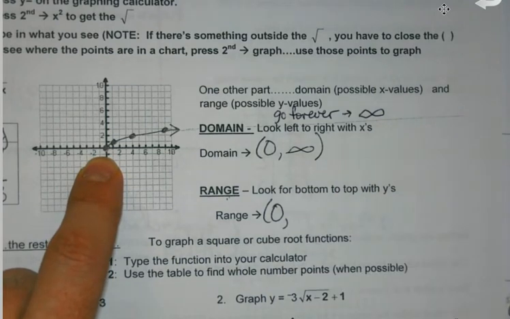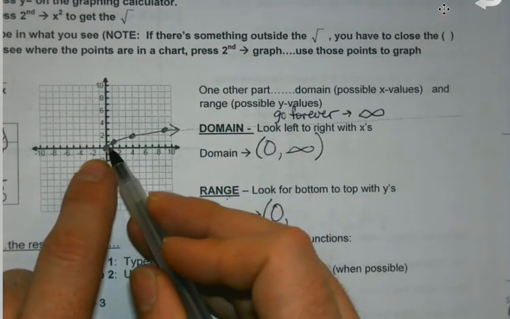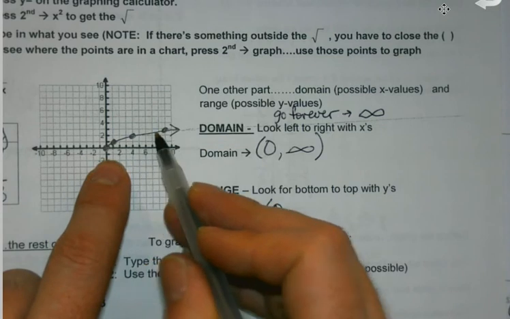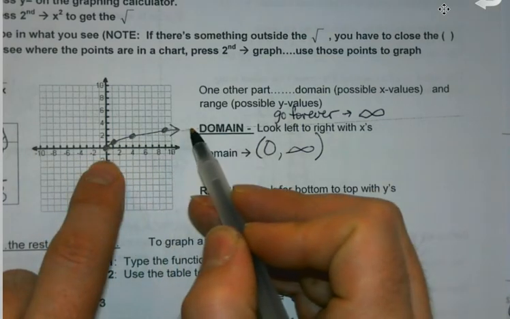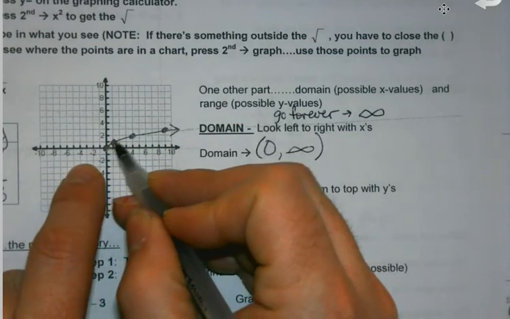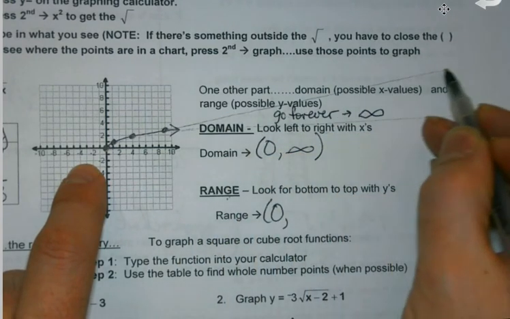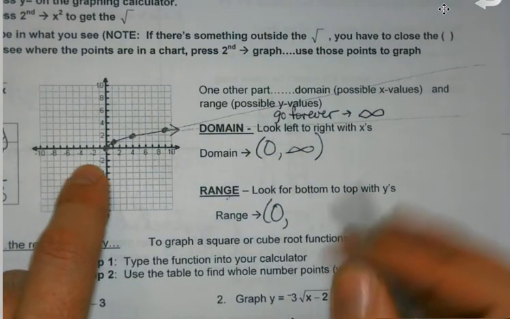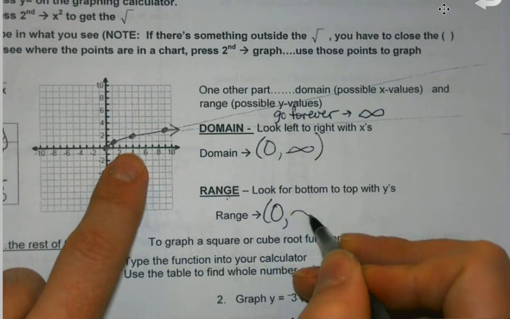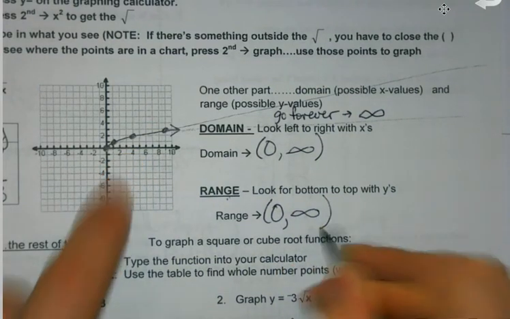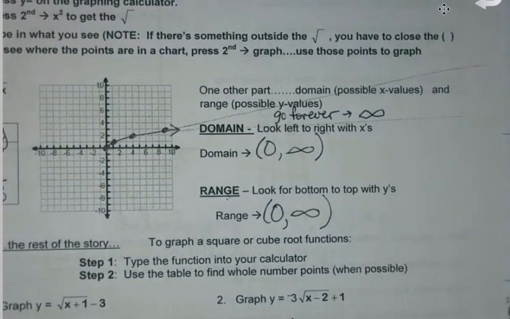Once I start that at 0, if I were to see it in a little bit bigger of a picture, because it kind of looks like this is leveling off, but if we were to notice, it's going to keep going and keep increasing and getting bigger and bigger. So it also goes up forever to infinity. And you're like, is every single one of these going to have infinity? Yes. When we have a square root function, there will be. So it's basically that first number that I'm going to have to work with.